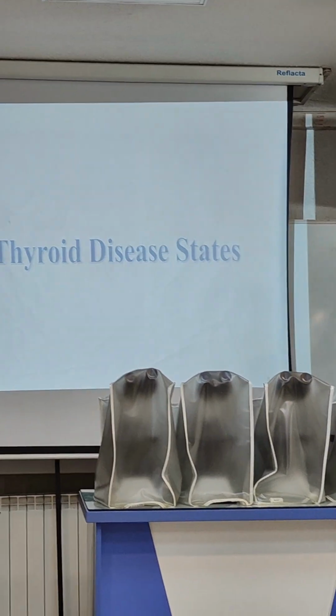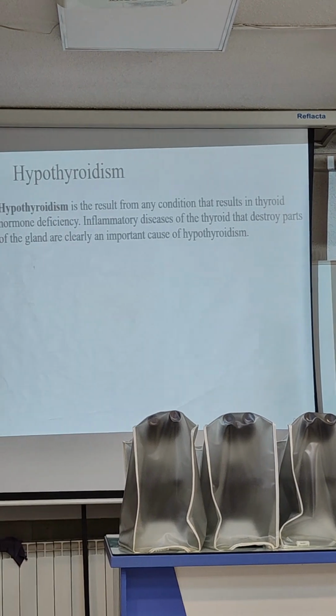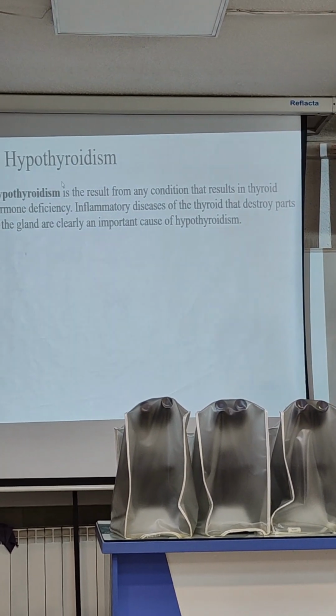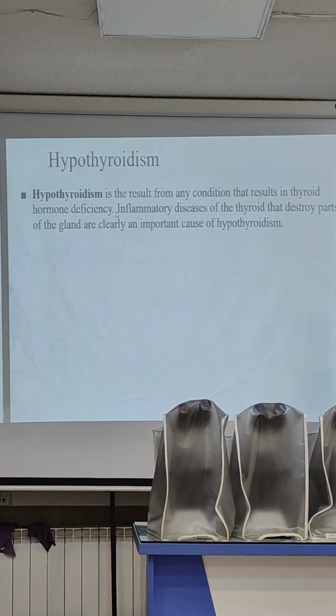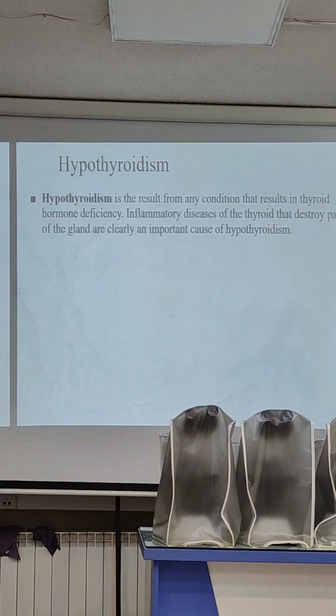I want to continue with some disorders regarding the thyroid gland. As you know, hypothyroidism is a condition as a result of deficiency of hormone. For example, sometimes we have an autoimmune disease or inflammatory disease.